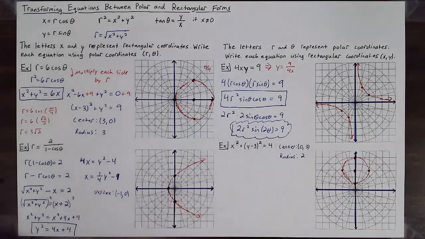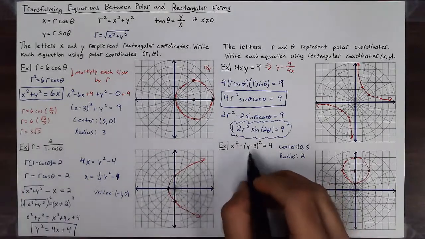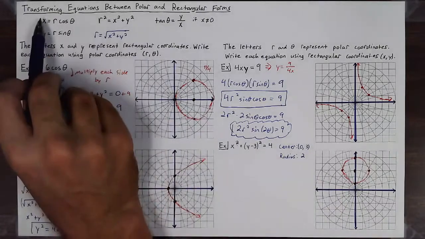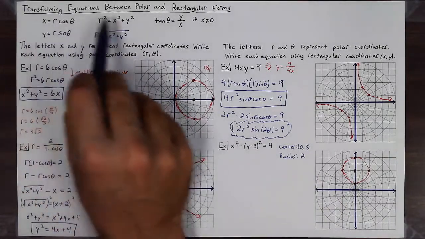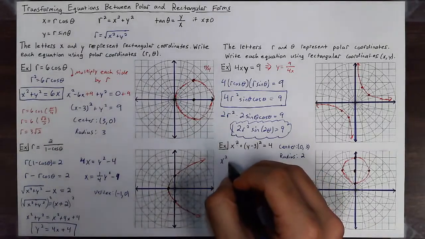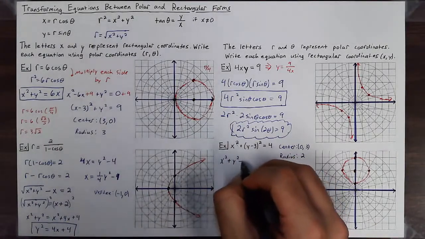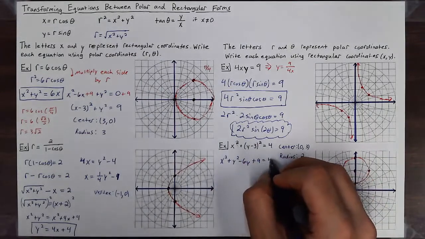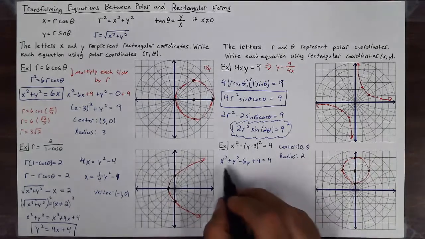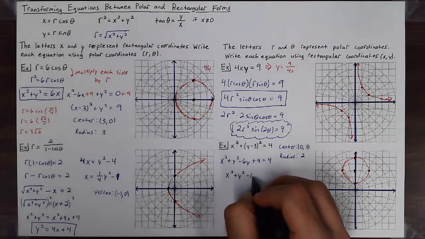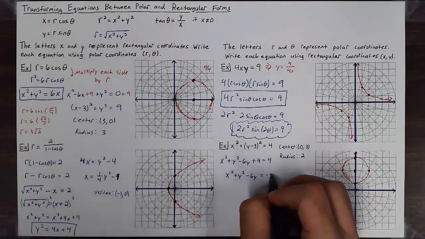In order to do this, first you want to expand everything, especially if this is (y minus 3) squared, since most of these x and y's are just by themselves. It'll help you out the most. So we'll rewrite this as x squared plus y squared minus 6y plus 9 when I expand (y minus 3) squared. And then I can subtract 9 to the right and be left with x squared plus y squared minus 6y equals negative 5.